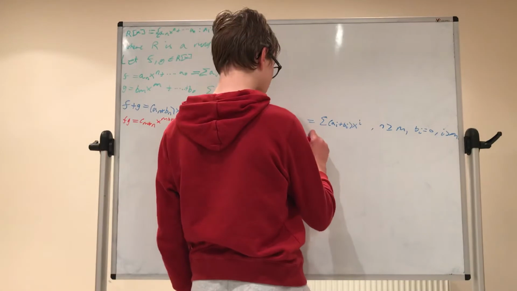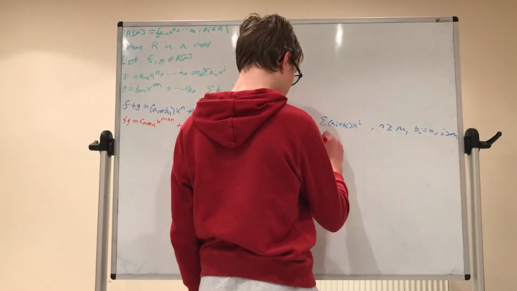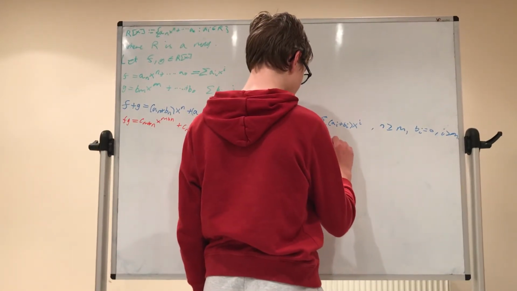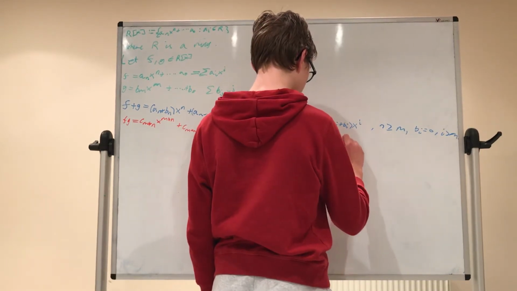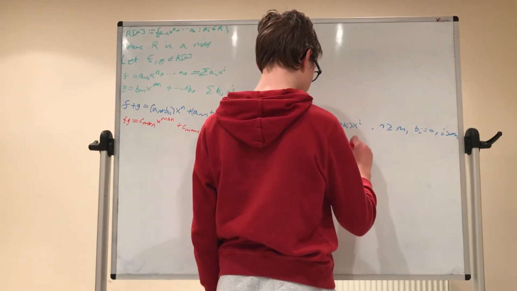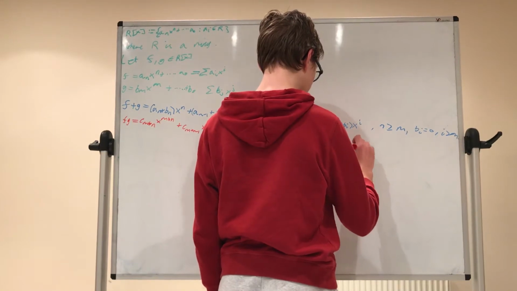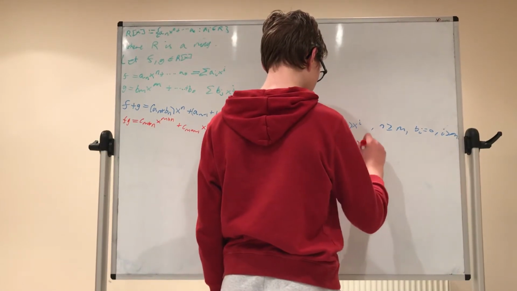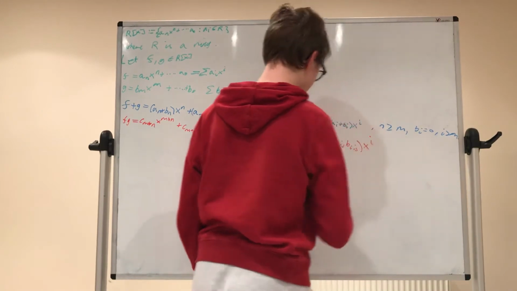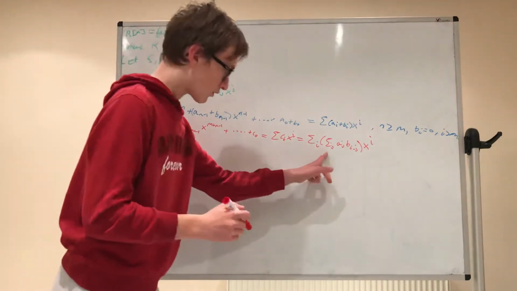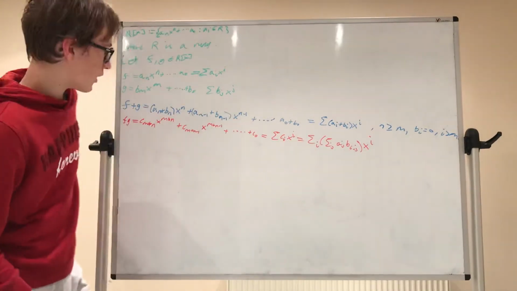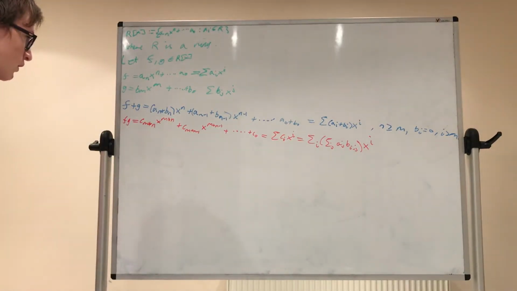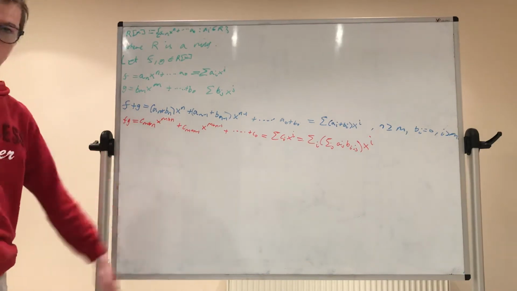Well, this is just the sum over i of the sum over j of a_j b_(i-j) x^i. This summation right here shows us what the c_i are precisely, but it's just neater to write them out like this.